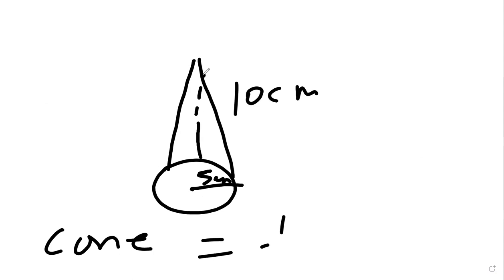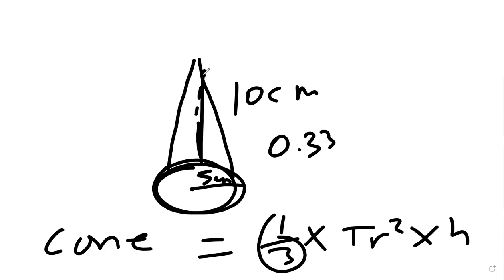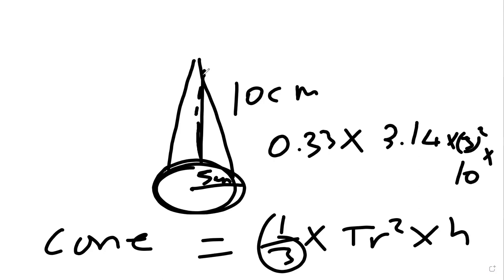So it is 1/3 times the area of the base, which is a circle, times the height. All I need to do is plug my values into the formula. So I will get 0.33 times pi times 5 squared times, what's my height? 10. So if I plug all of this into my calculator, let's see what we get.